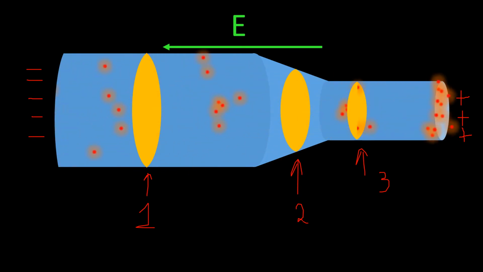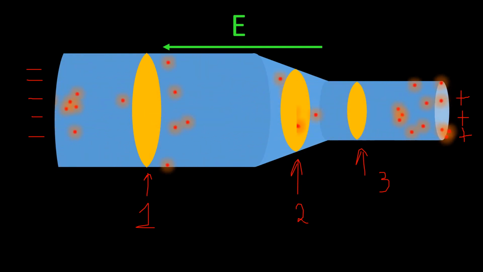But the same number of electrons are passing through the second cross section also, and that is true even for the third cross section. So if you find the current through all three cross sections, the answer will be the same. Current is the same for all three parts of the conductor, but we know that there is some difference. What is the difference?